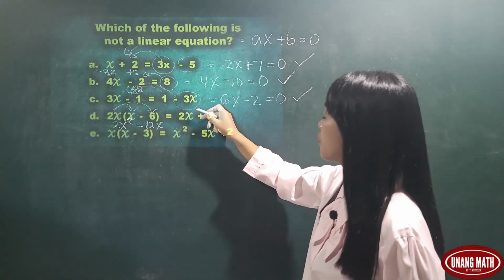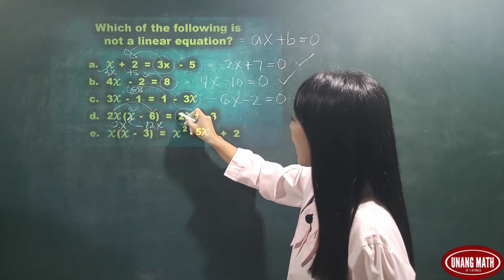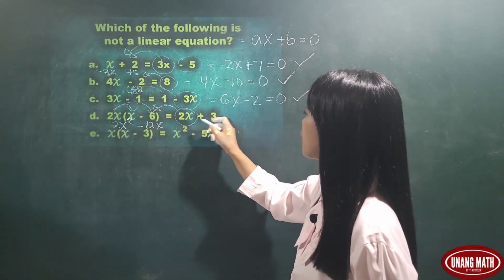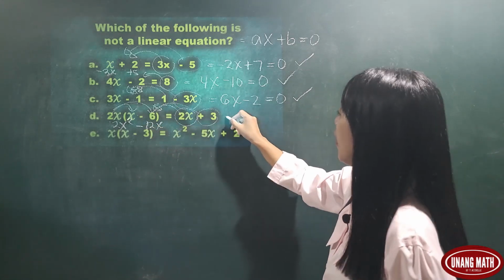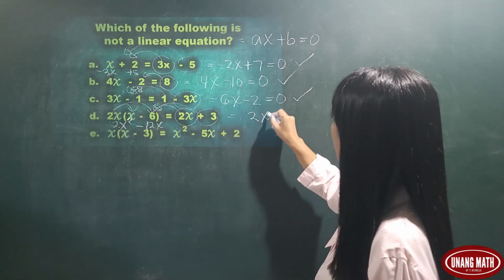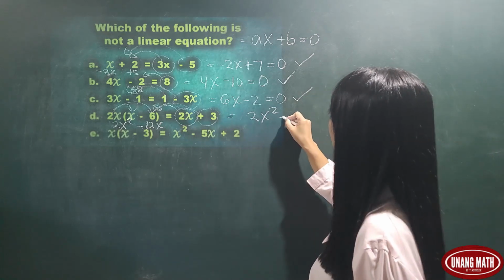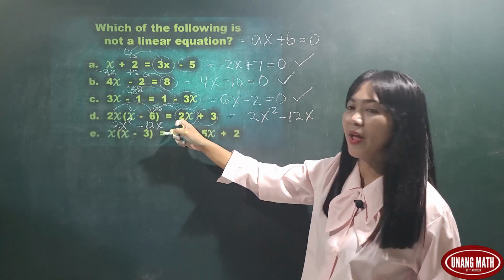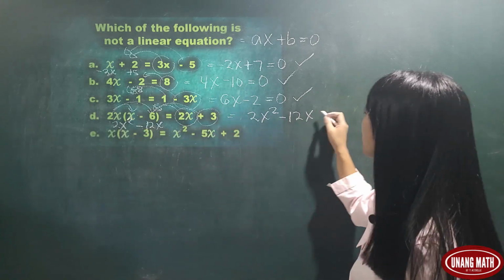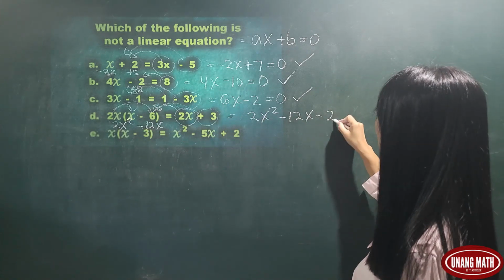Now, transpose 2x and positive 3 to the left side of the equation. Let's get first 2x squared minus 12x. This is positive 2x, so when we transpose, it becomes negative, so minus 2x.